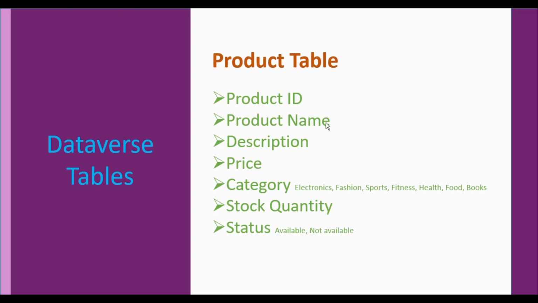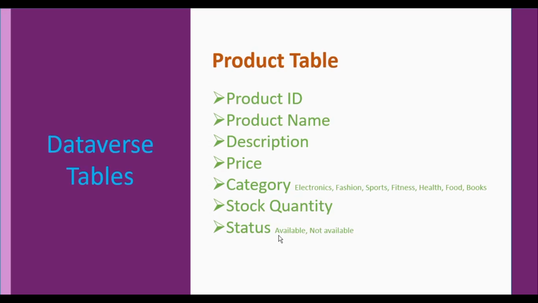The product name is a text type, a single line of text, description can be multi-line text, and price can be a currency. Category is again a choice, where we can choose multiple choices, and stock quantity is a number. The status is a choice with two options, single select: available and not available.